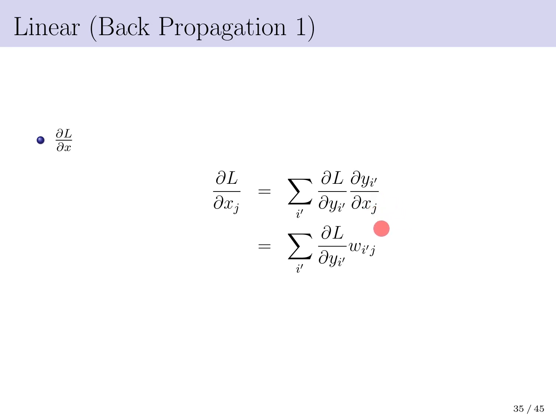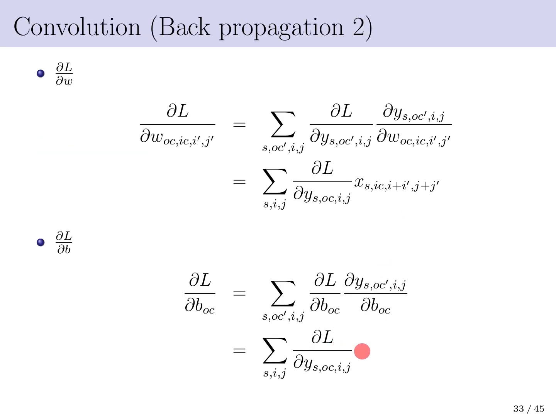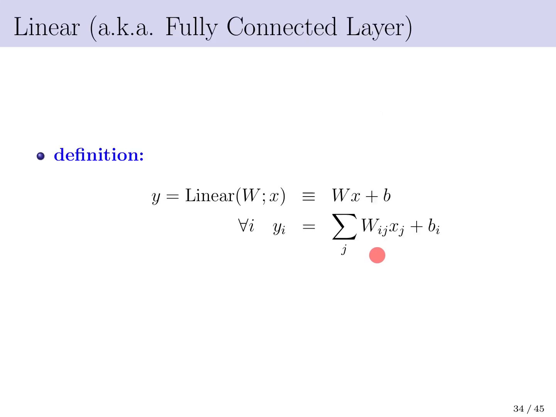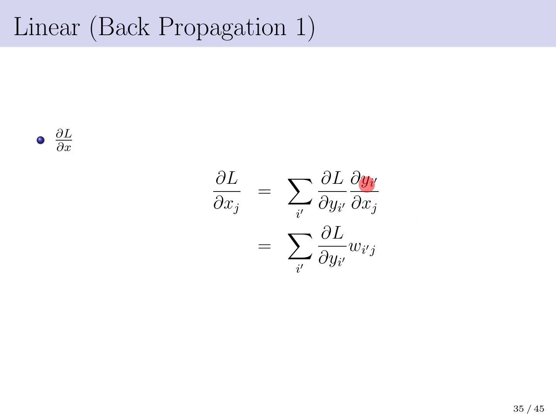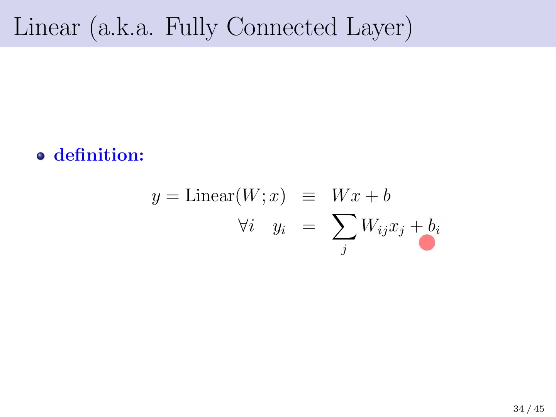And just by looking at this definition, you derive this term, and essentially what happens is that you get the gradient of this term with respect to this variable and get something like w_ij.